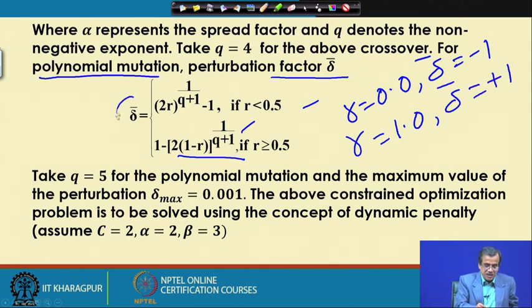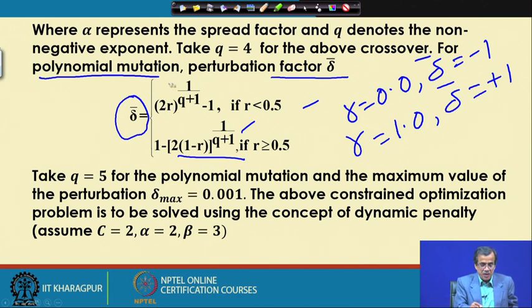So, the value of this perturbation factor varies from minus 1 to plus 1 on a normalized scale, and accordingly this expression has been considered. But remember, this is not the unique expression; we can also find some other mathematical expression to represent the perturbation factor. Perturbation means the dissimilarity. I am going to discuss it in detail.